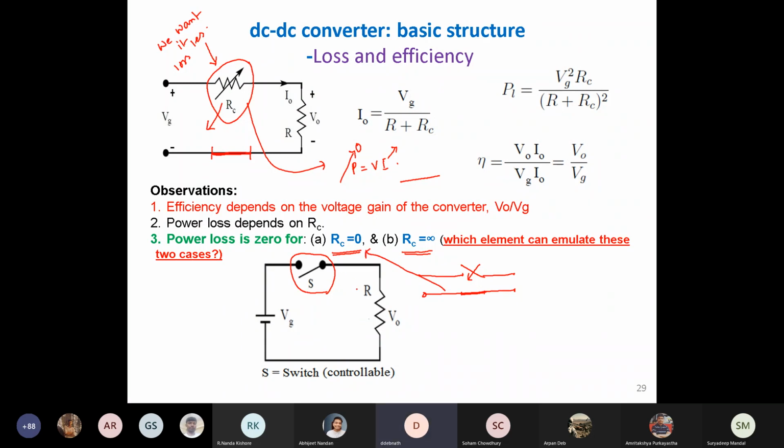And when the switch is off, you can see there is no current. So that means RC is as if it is infinite. So this is that case. So by using this particular switching arrangement, we can achieve a 100% efficient system, right? But so this is the concept of switched mode power.